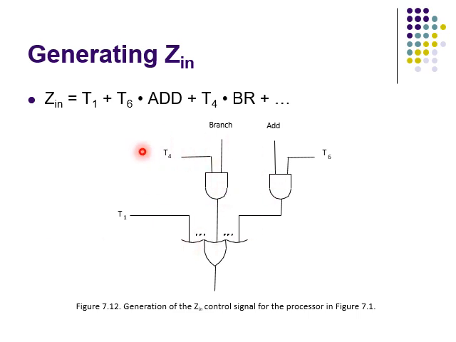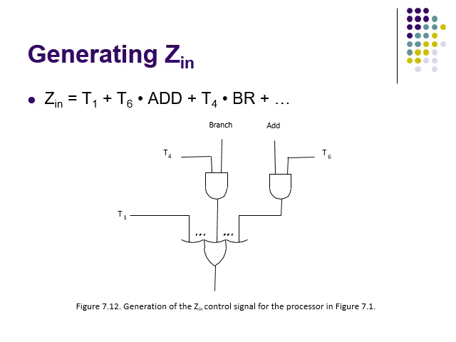This circuit implements the logical function Zin = T1 + T6·ADD + T4·BR + and so on. This signal is asserted during time slot T1 for all instructions, during T6 for an Add instruction, and T4 for an unconditional branch instruction, and so on. The logical function for Zin is derived from the control sequences in figures 7.6 and 7.7, which we have already discussed.